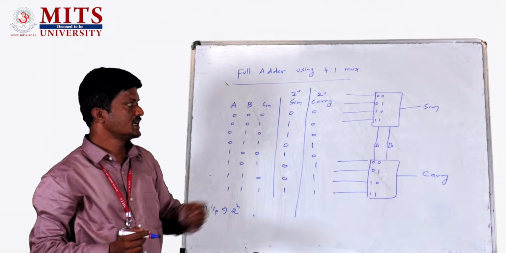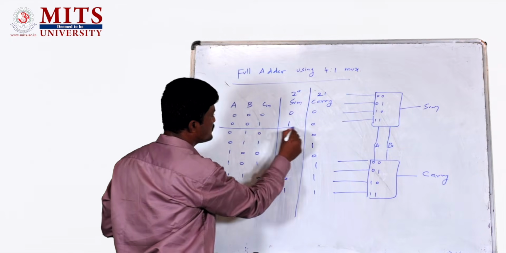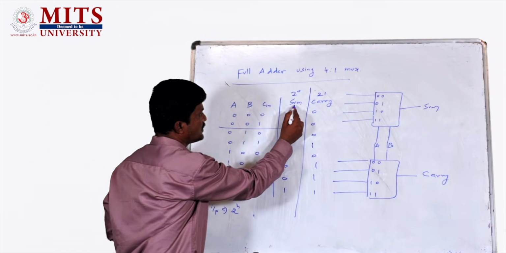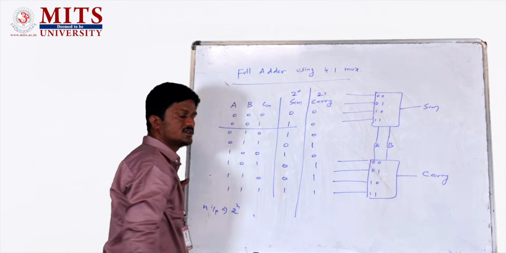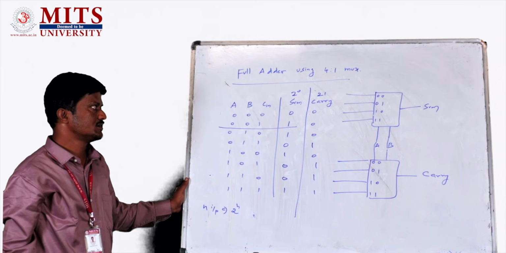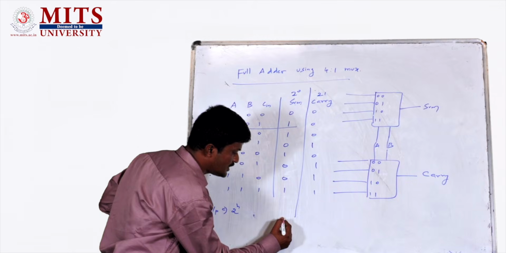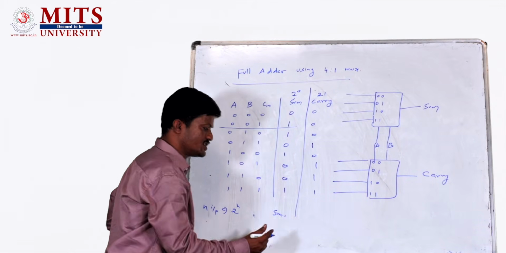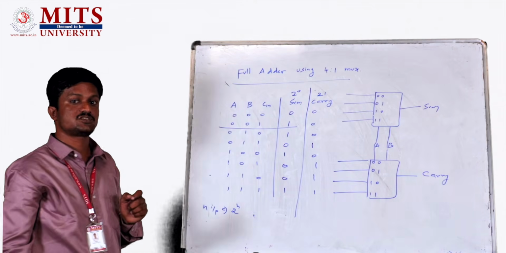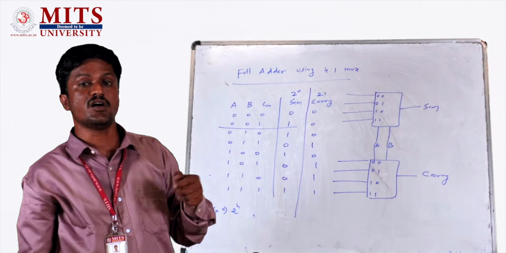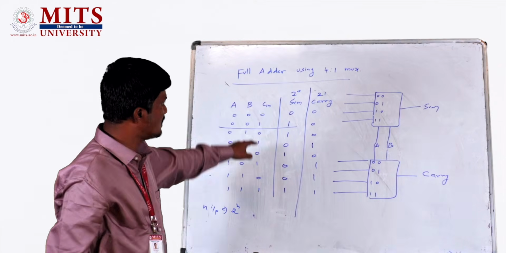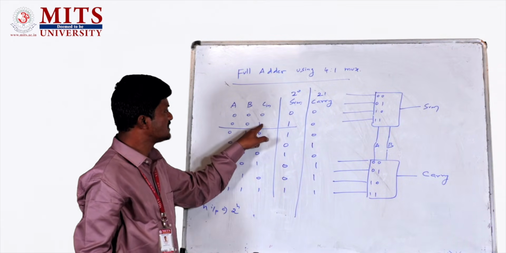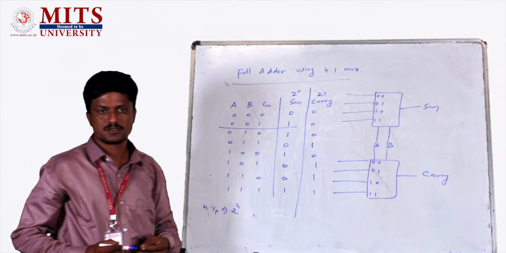Now if you look at the sum first, later we move into carry. When inputs are 0 0, you want to relate the sum with the carry input Cin. There are only 4 possibilities: the sum is either 0 or 1, or it depends on Cin, so that will be Cin or Cin complement. Here Cin is 0, sum is 0, and Cin is 1, sum is 1.